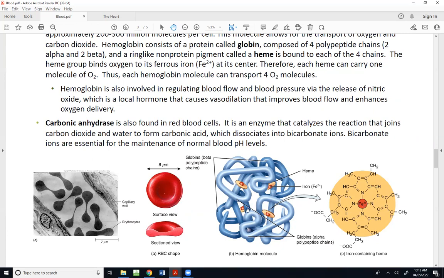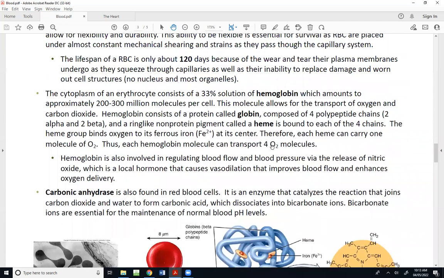And therefore, since there are 4 of these hemes in the hemoglobin, that means each hemoglobin molecule can transport 4 oxygen molecules. So if you take that 4 oxygen molecules times 200 to 300 million molecules per cell, okay, and you multiply that by the trillions upon trillions of red blood cells in our body, that demonstrates just how great our blood is at carrying oxygen.